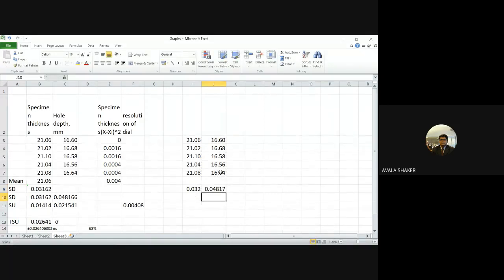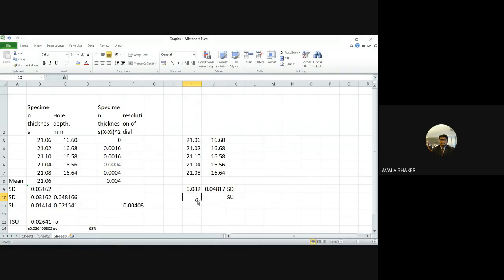Okay. Now what do we have to do? We have to calculate the standard uncertainty. This is the standard deviation, right? The standard uncertainty has to be calculated.